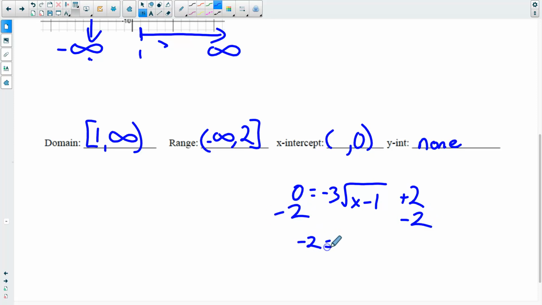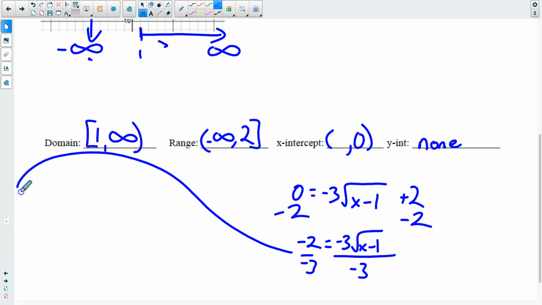We got negative 2 equals negative 3, square root of x minus 1. Next step. We are going to divide by negative 3. I'm going to drag mine over here so I don't have to keep going down. That is going to be 2/3 equals the square root of x minus 1.